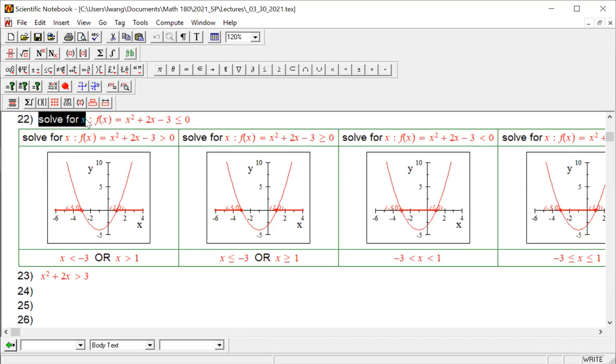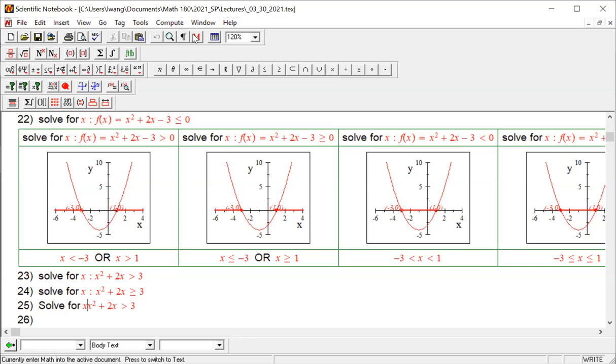Okay, still solve for x. They are just algebraic variations of what we did, aren't they?